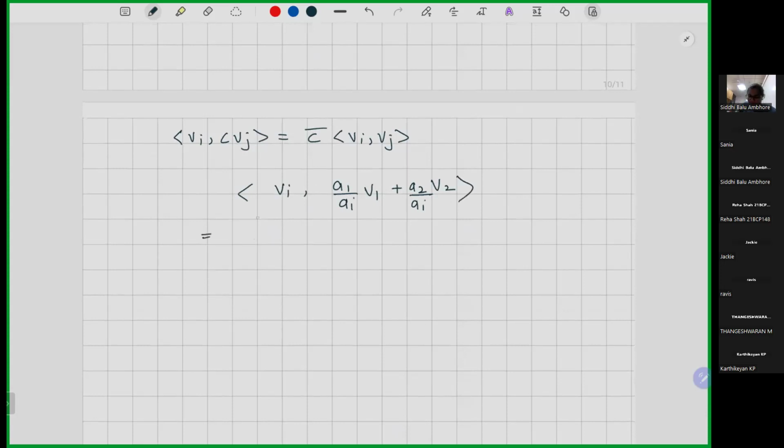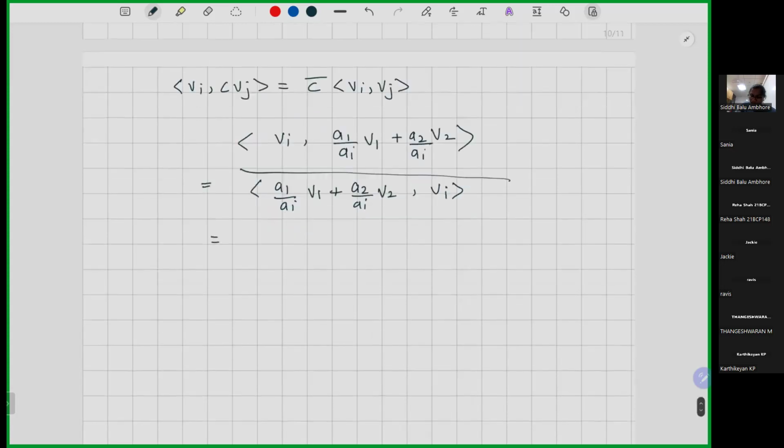If we split them, then when we write the definition of inner product, we have linearity only in the first coordinate.